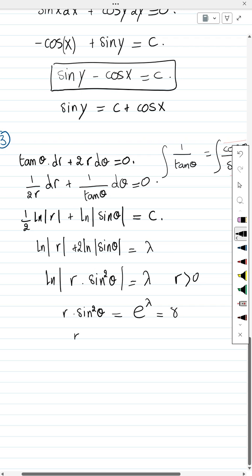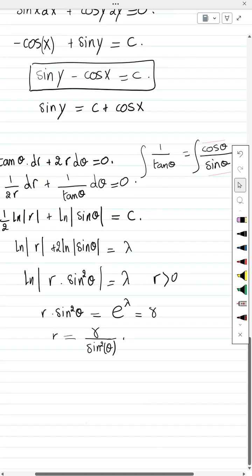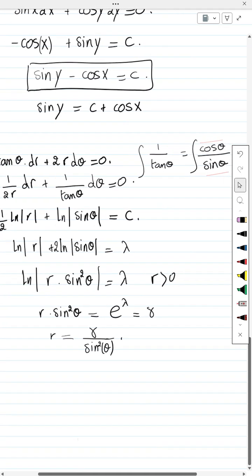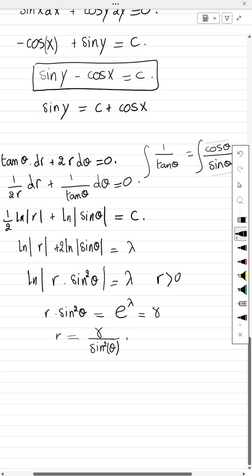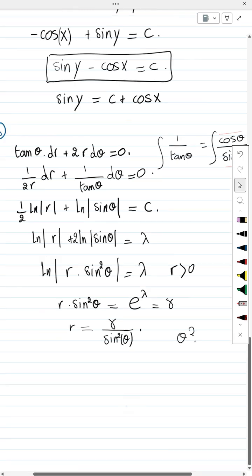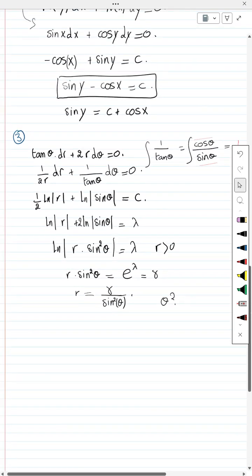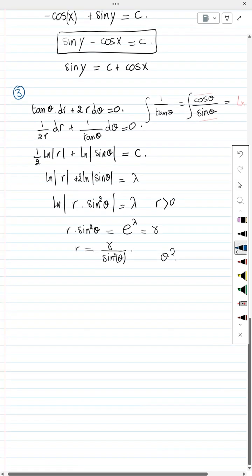The solution of our equation is r is equal to gamma over sine square theta. And as you can see, we just need to see where theta belongs, and that is not a big problem. We can deal with it later, or you can just try to do it.